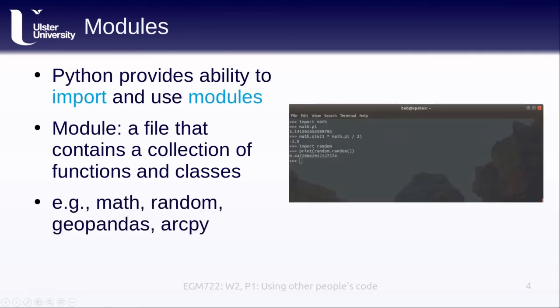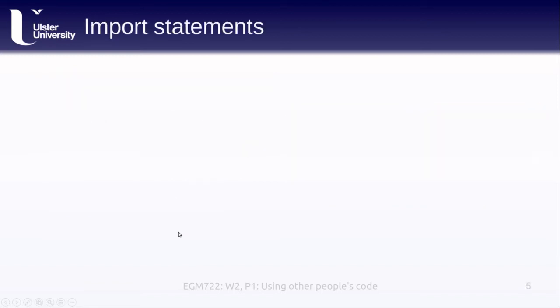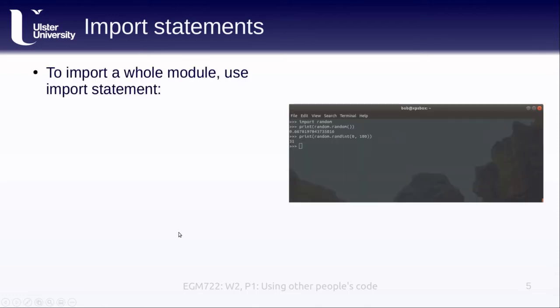So some examples shown here: math, which is part of the Python standard library, as well as random. We saw GeoPandas in the practical from last week, as well as a module called ArcPy, which you can use to interface with all of the different functions found in ArcGIS. In order to work with these modules, we need to use something called an import statement. So you saw this again in the practical last week.